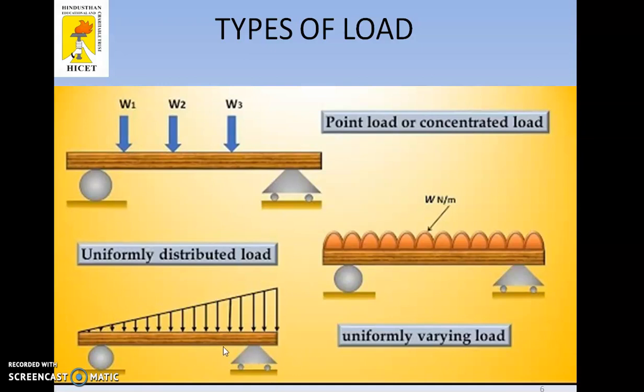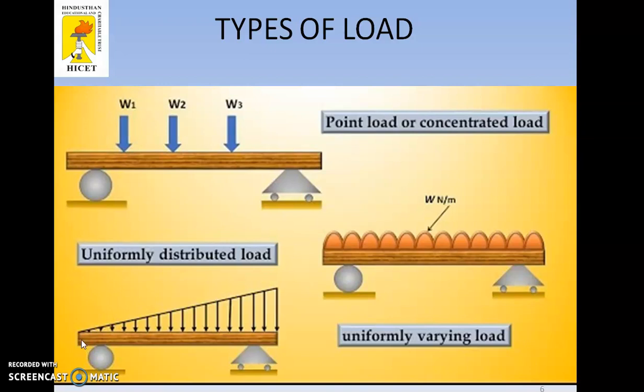We know half BH. This H has some Newton per meter value, and at the other end it is 0. So you calculate 1 by 2 into the base, L, which will be given in the problem, and then the maximum load will be given. So you have to calculate the triangular area. This is the total load.